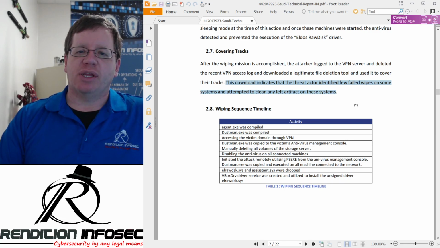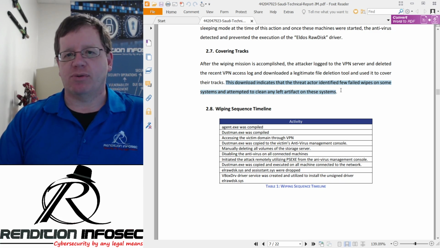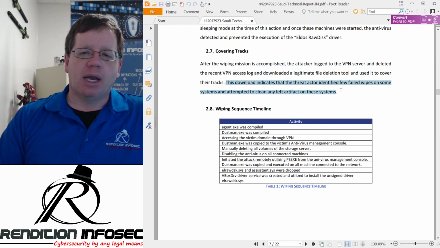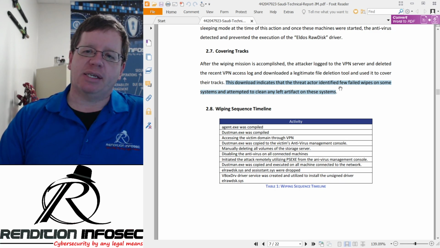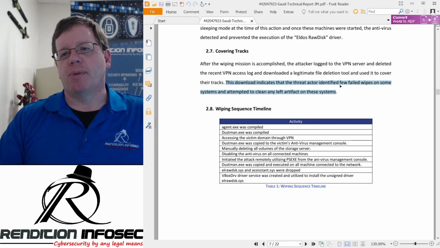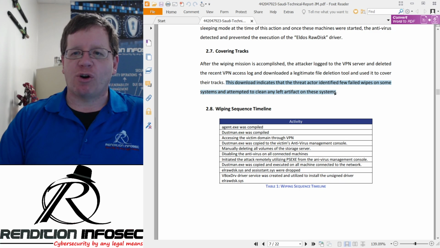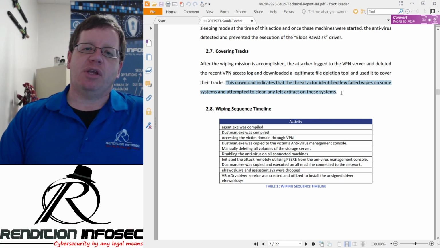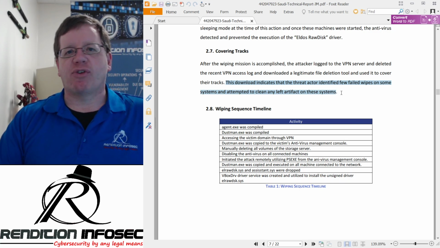Purely based on what we see here, I'm not sure that the download of a third-party wiping tool supports the conclusion that the threat actor failed a few wipes and was trying to clean artifacts left on those systems. But what I do take away from this, regardless, is definitely that you have an actor that's performing anti-forensics, right?